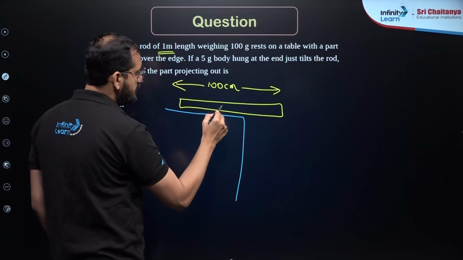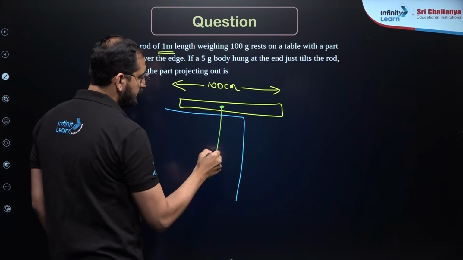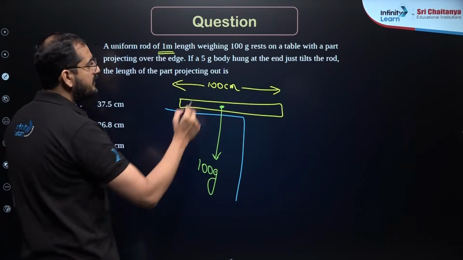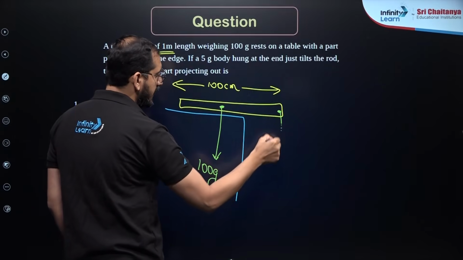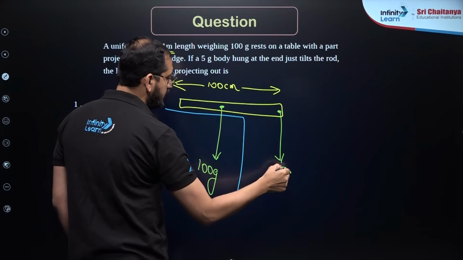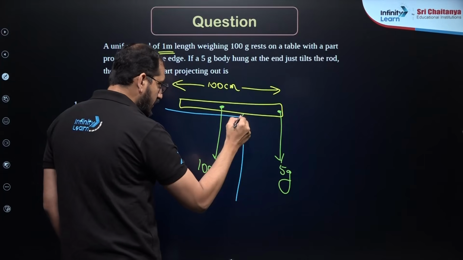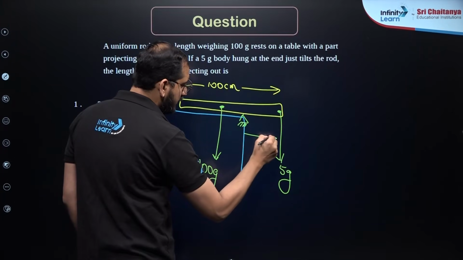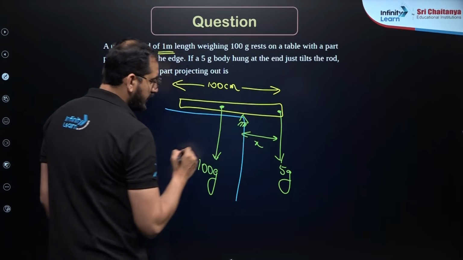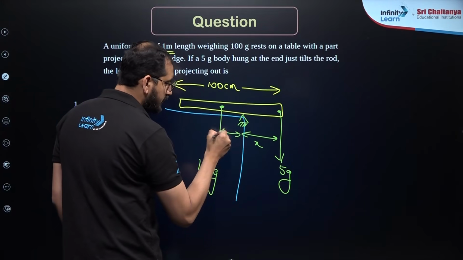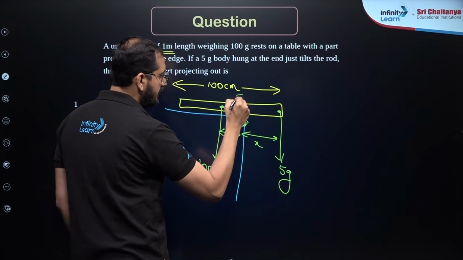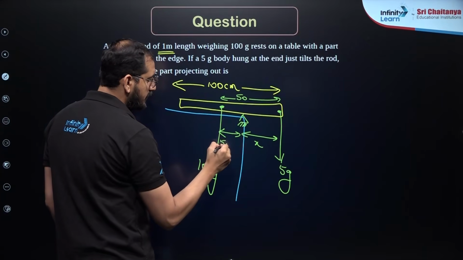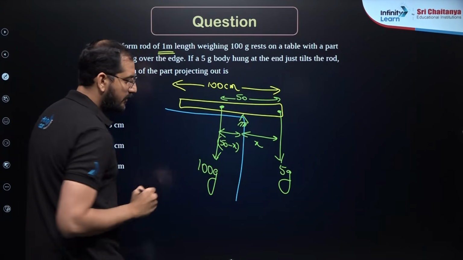If this is the midpoint of the rod, then 100 G is acting over here. And there's another body which is hung at the end point. This is 5G. This point is acting like a pivot. Let's say this distance is something x which I want to calculate. How much will be this distance? If total is 100, then this is 50 centimeter. Hence this is going to be 50 minus x.